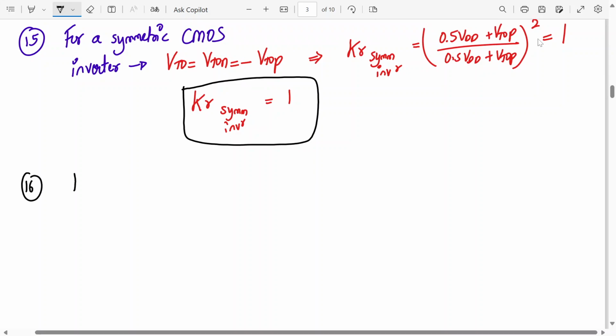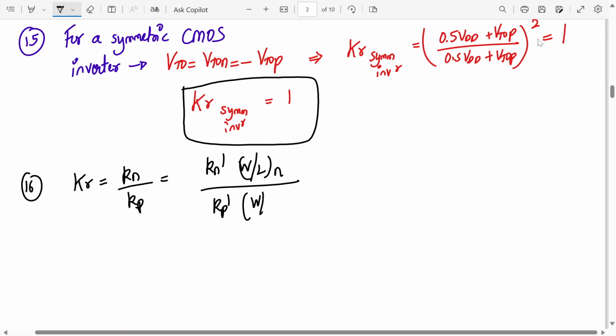So next point is, what is KR? KR was actually Kn divided by Kp. Now what was Kn? Kn is basically given by Kn dash W by L of NMOS, Kp dash W by L ratio for PMOS.